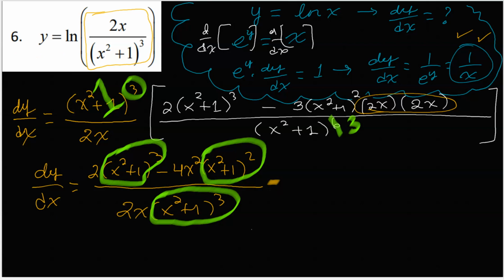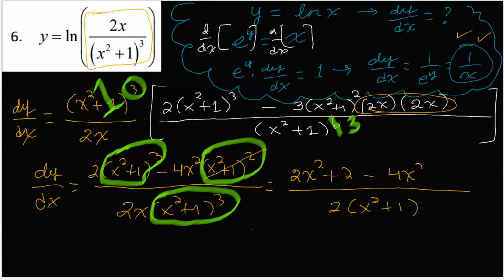Okay, so when we do that, on the denominator you have 2x times x squared plus 1. You have 1 copy left. On the numerator, you have 2 times x squared plus 1 to the first power, which I can distribute the 2 to get 2x squared plus 2. And then this whole thing is gone, so I will have minus 4x squared.